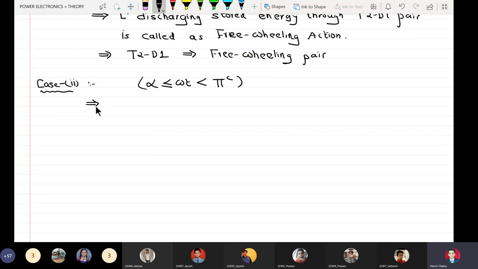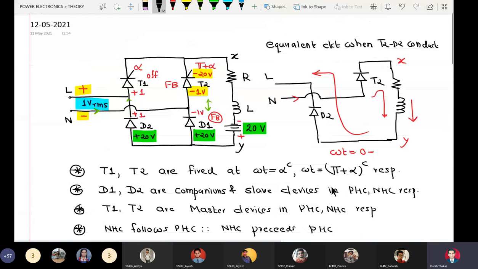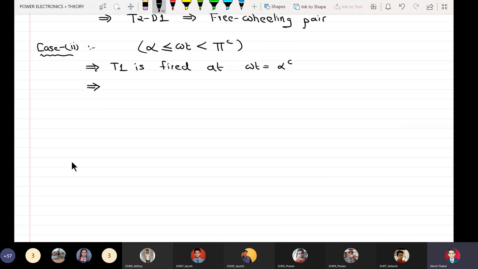So what happens here is T1 is fired at omega t equal to alpha radians. What happens when T1 is fired is very simple. When T1 is fired, students, it directly connects the live terminal here to T2, and T2 gets line commutated. Okay, the situation is like this. Live, neutral, positive half cycle is going on, and it is a good amount of voltage.